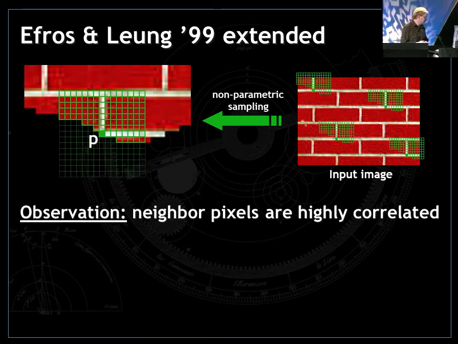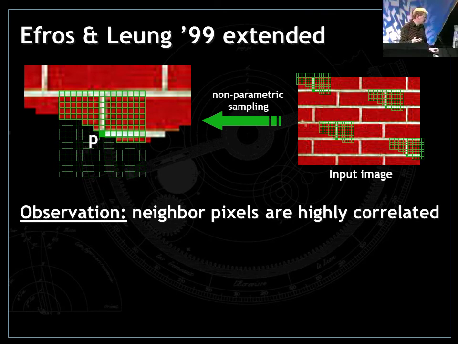So here's the idea. The neighborhood pixels are very highly correlated with each other. If you look at pixel P, it really has to be white. It doesn't really have a choice. Its freedom has been usurped by the pixels that were synthesized before it, right? There is no real reason to actually sample for it, because it only has one possibility.